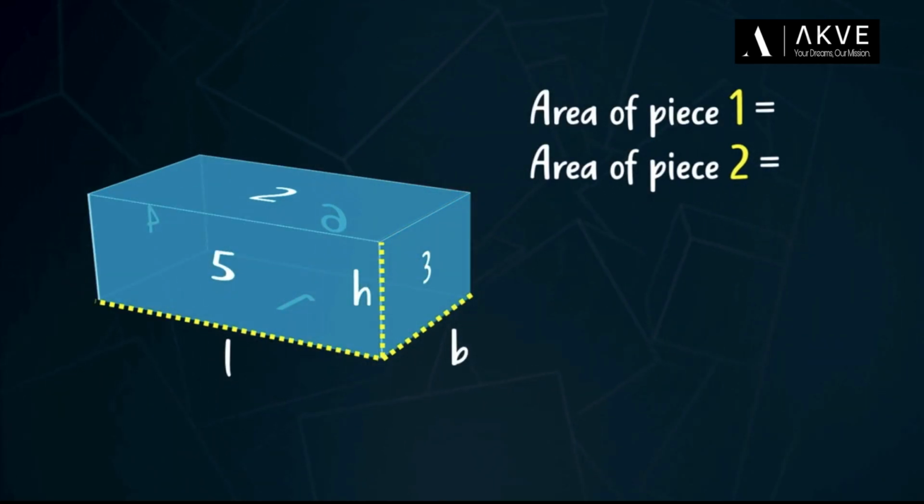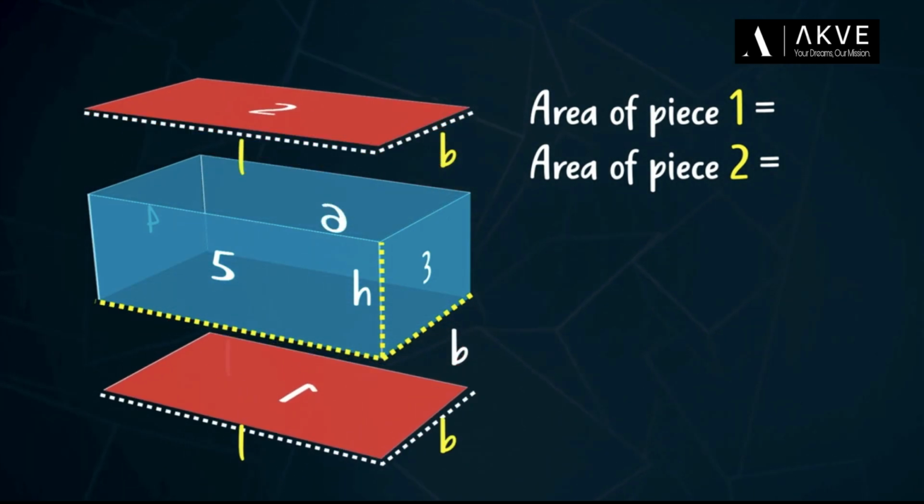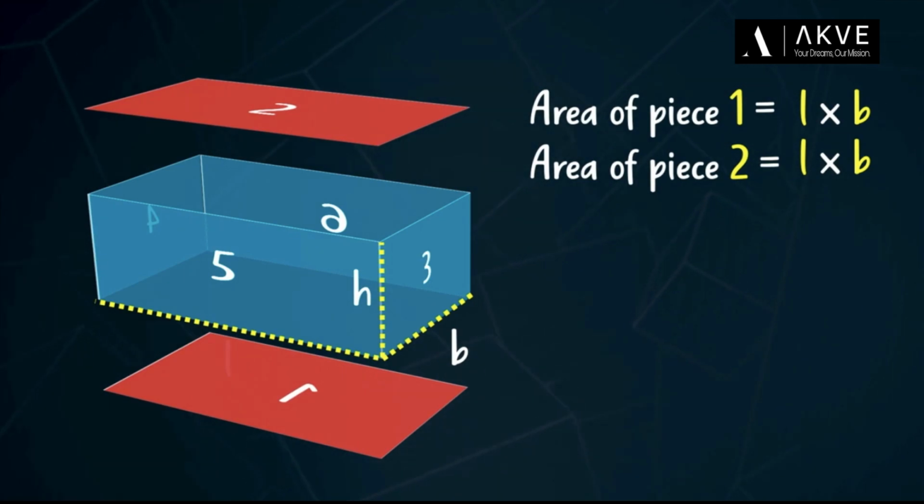Then, the area of each of these two identical faces is L into B, right?